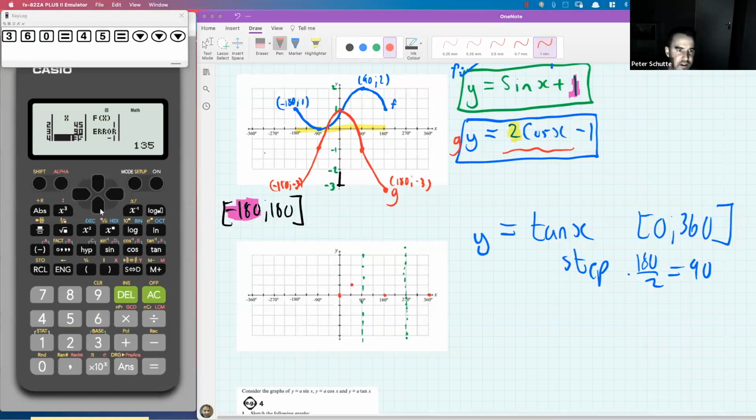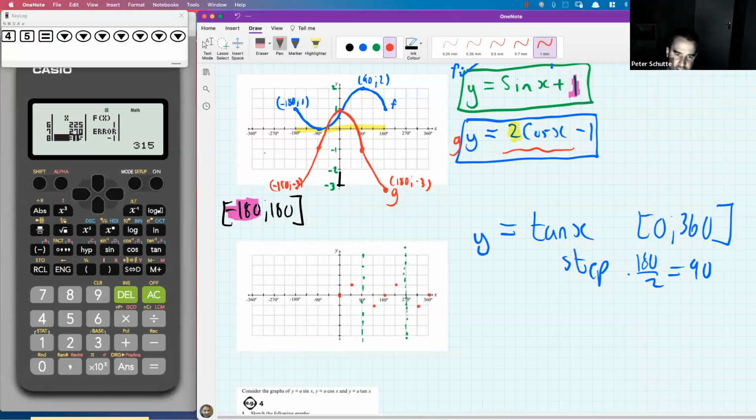What's 135? Oh, that's at -1. So let's say it's down here. 180 is 0. We know that. 225 is 1. 315 is -1.